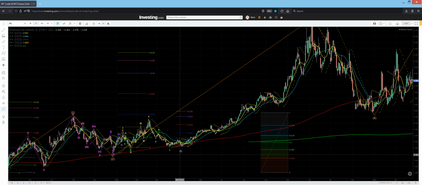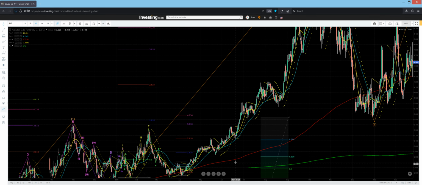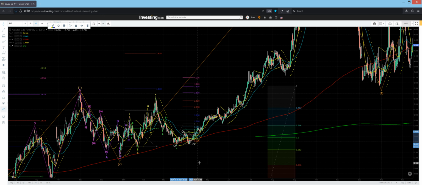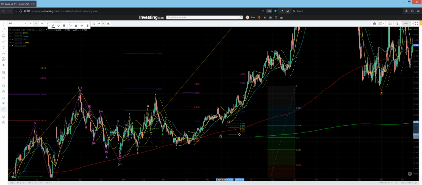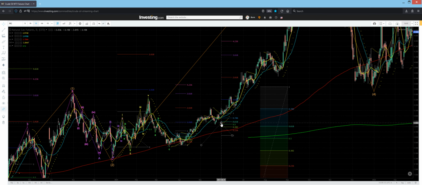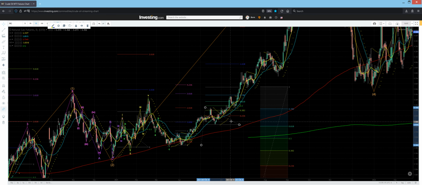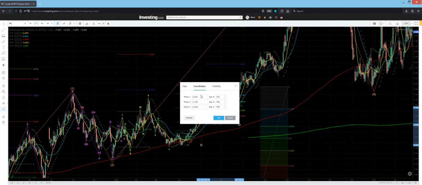We're already 7 minutes into the video here, so what I normally like to do is just quickly clone this, take the low, whatever it was over here, wherever we determine wave 3 to be, right in this area, and then take the next low after that.